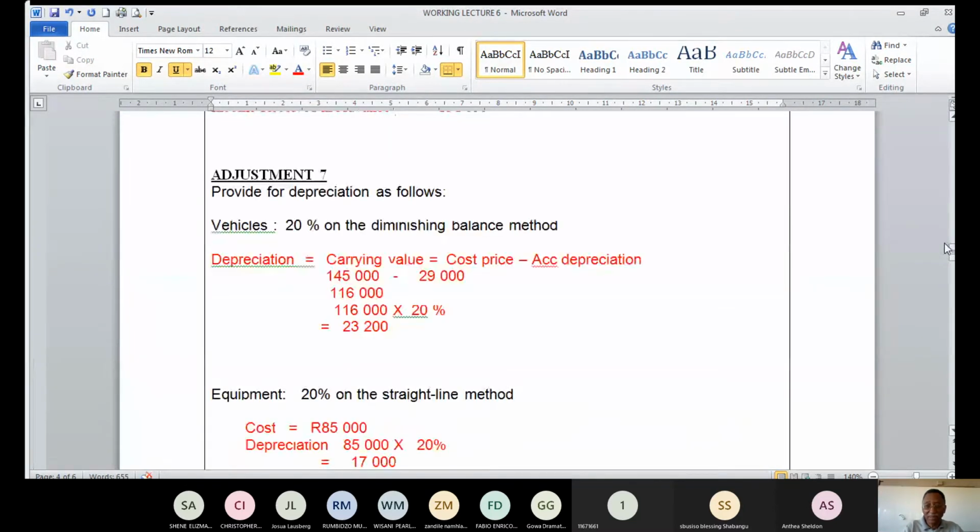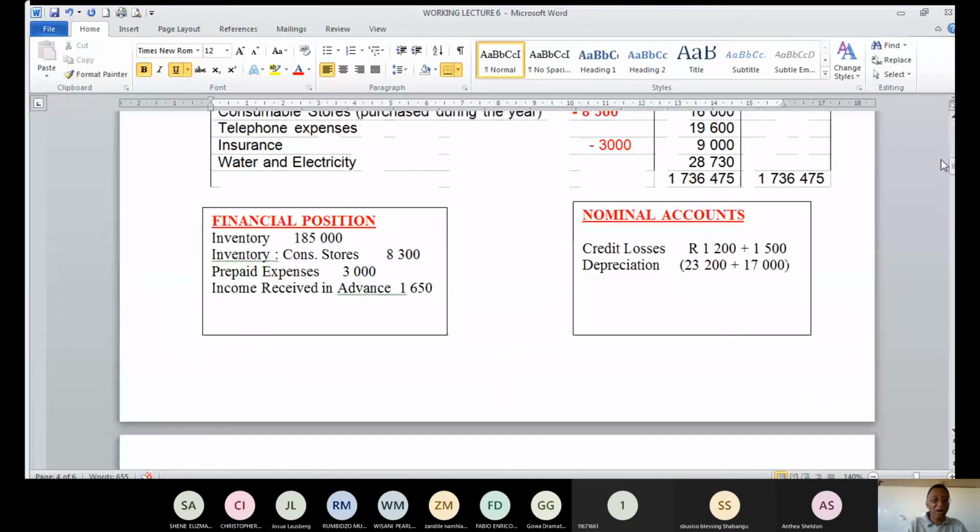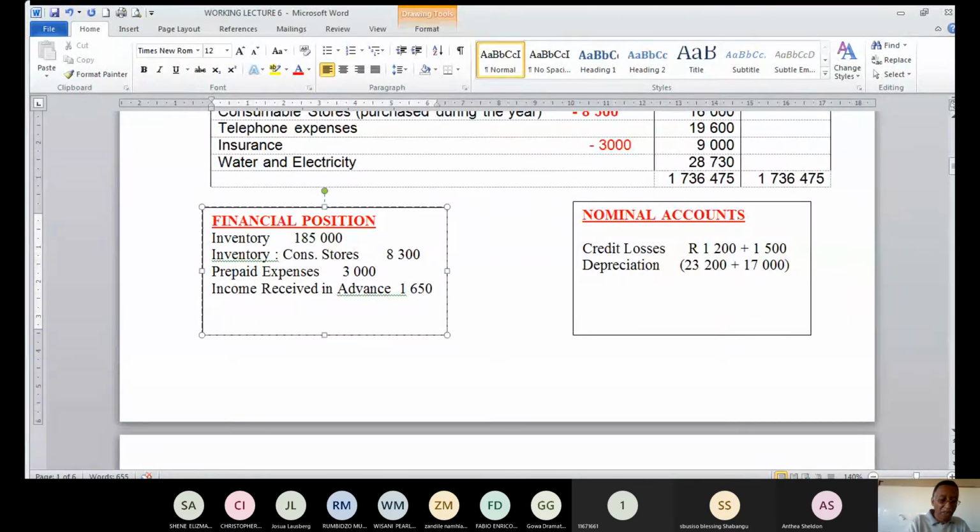So go to your trial balance now. Under your financial position accounts, you will now have a new account called accrued expenses. And your accrued expenses will therefore be the amount of 2756.